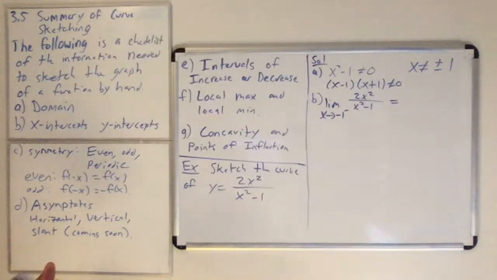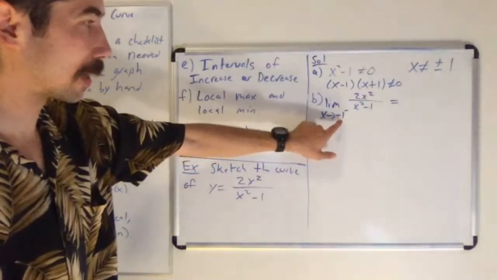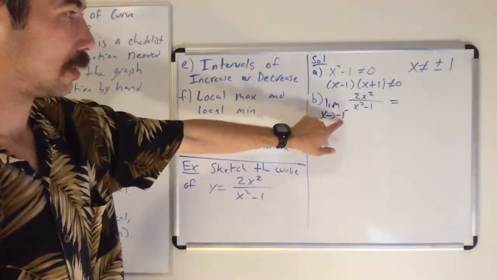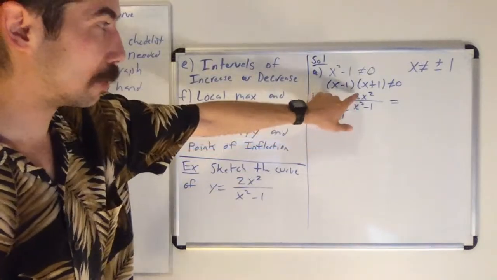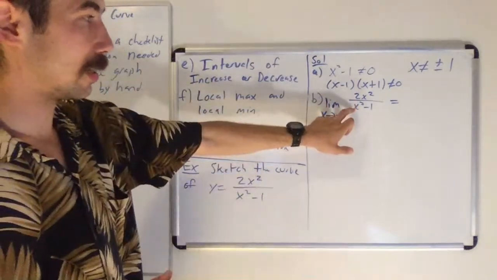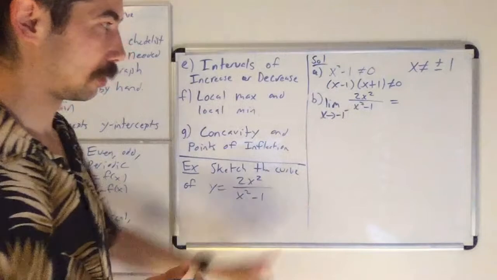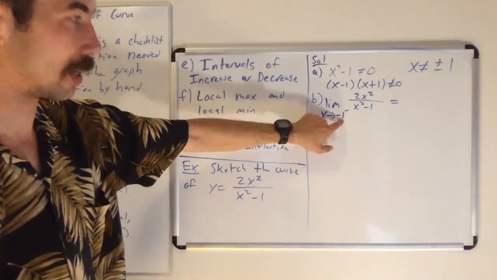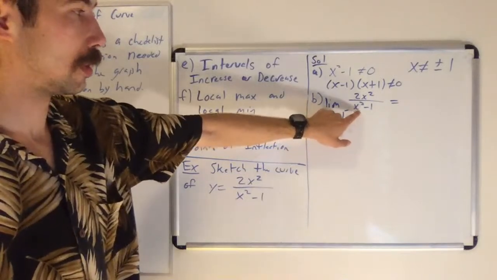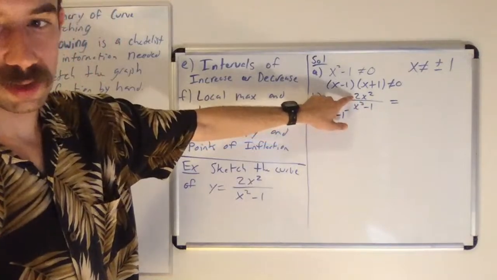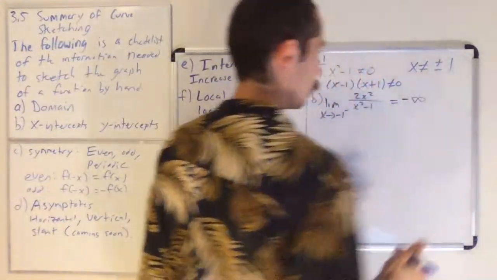We're going to be plugging in a number that's close to -1, but a little bit smaller than it. Our numerator will be positive, and our denominator will be a negative number, because we're plugging in a number that's a little bit more negative than -1, like -1.1. So we'll have a small negative number in our denominator and a positive number in our numerator. So this goes off to -infinity.